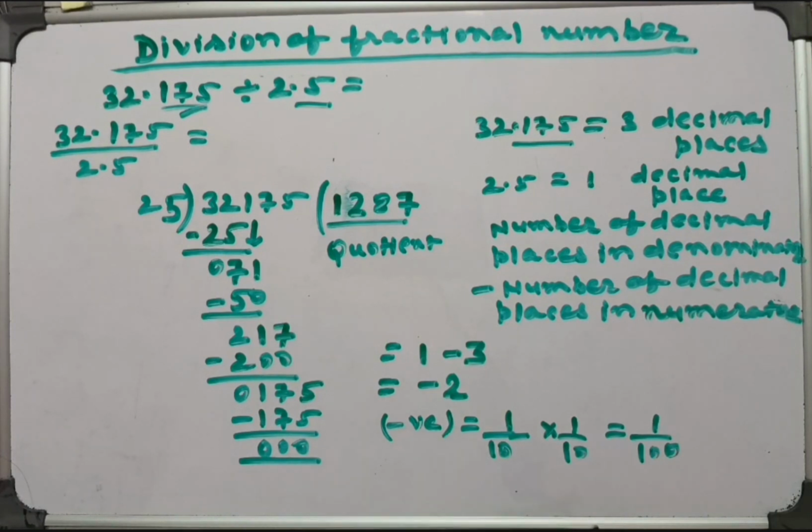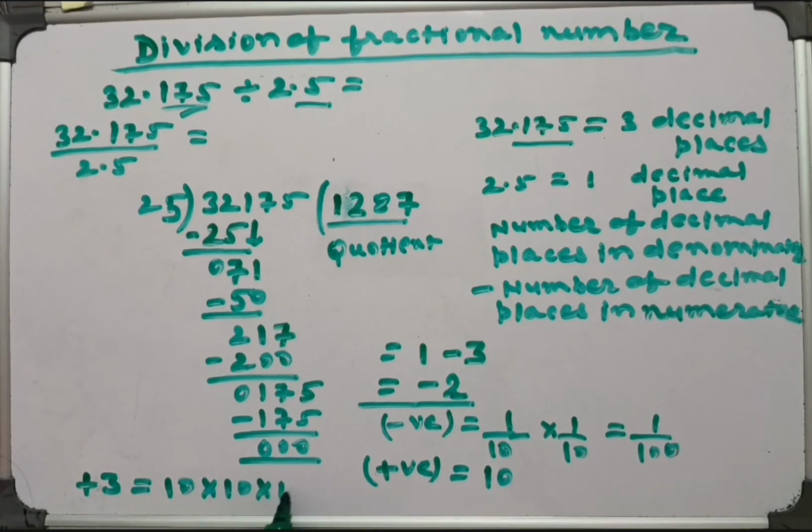This is the case for a negative sign. Suppose you get a positive sign, then what will you do? At that time you have to multiply by 10. It depends upon how many positive whole numbers come in this formula. Suppose it comes plus 3, then you multiply by 10 three times, which is equivalent to 1000.